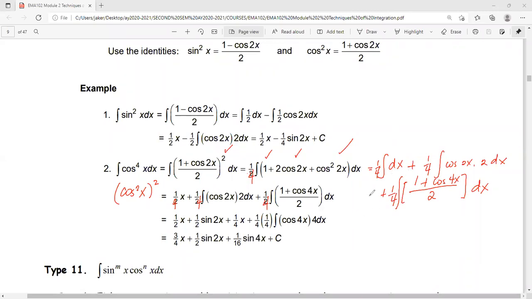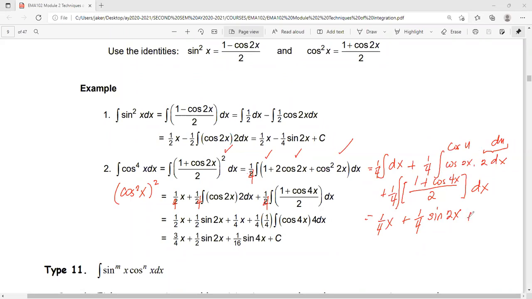So for that one, I'll write here that would be 1/4 x. For this one, this is already cosine of u du. This entire thing is du. So then the answer of the cosine is sine u, right? So sine of 2x, because if you will differentiate it, that would be cosine of 2x. So I'll write here plus 1/4 sine of 2x. The integral of cosine 2x. This 1/4, if multiplied to this 1/2, will be 1/8.